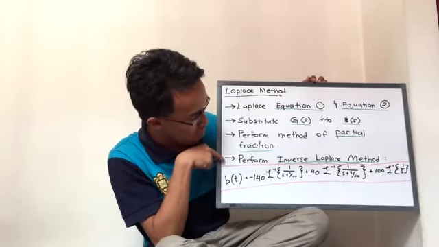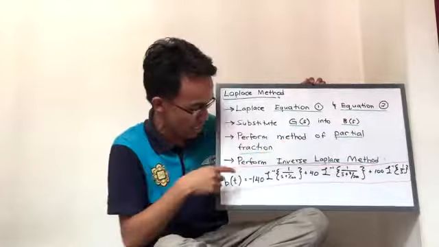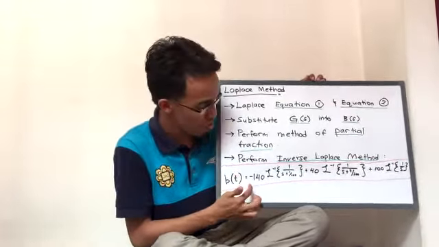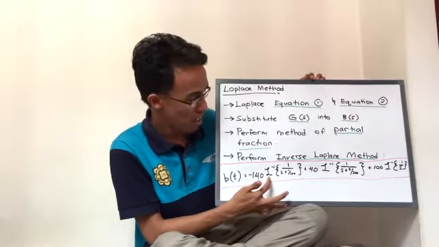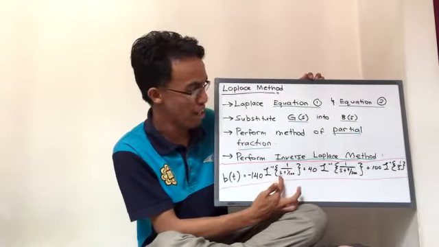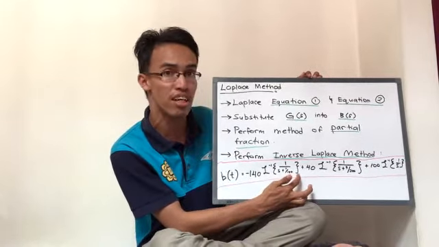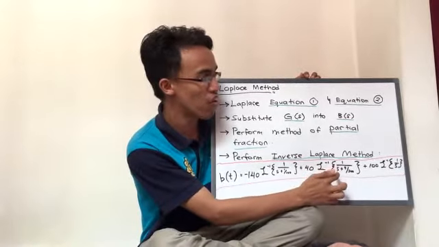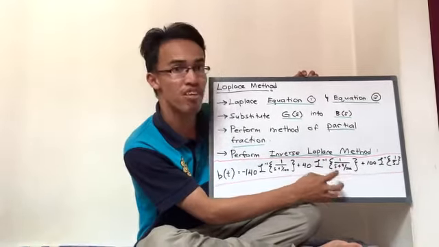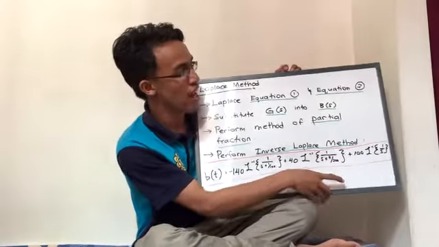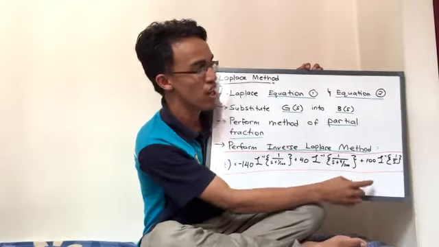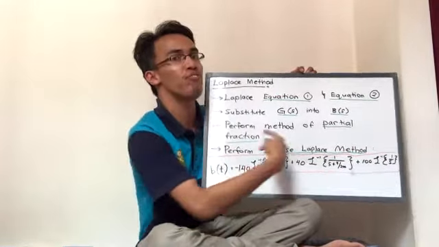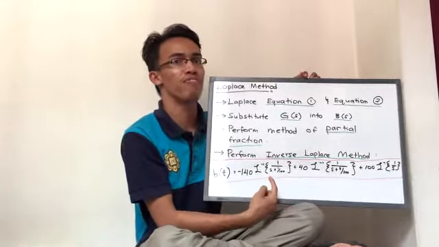After that, we perform the inverse Laplace, and lastly we get B(t), which equals negative 140 times inverse Laplace of 1 over (s plus 1/100), plus 40 times inverse Laplace of 1 over (s plus 7/200), plus 100 times inverse Laplace of 1 over s. Then we perform the inverse Laplace on this equation to get B(t).